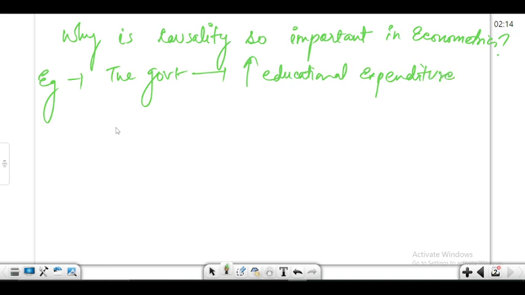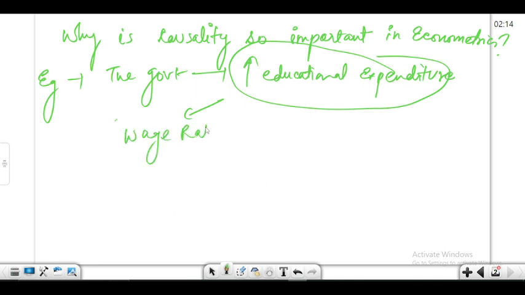We might be interested in checking the impact of increased educational expenditure on the wage rate of graduated students.